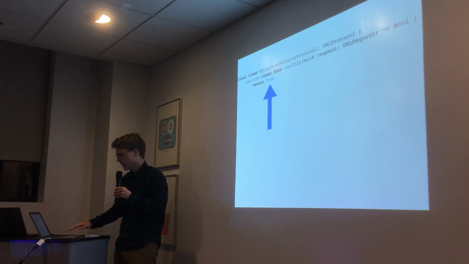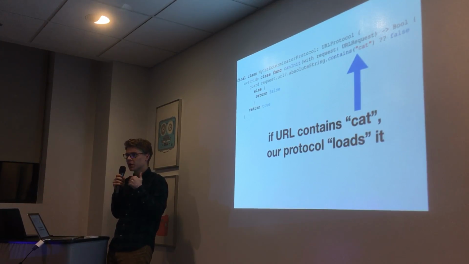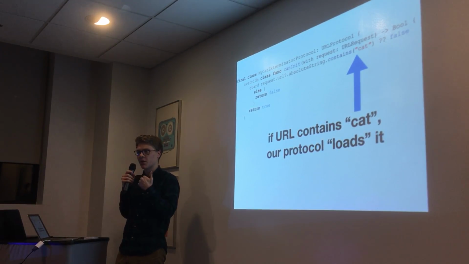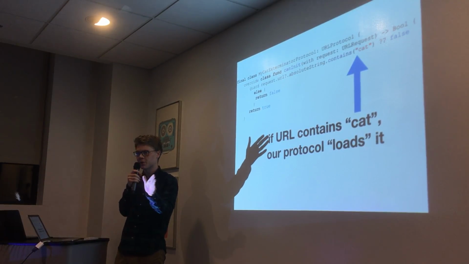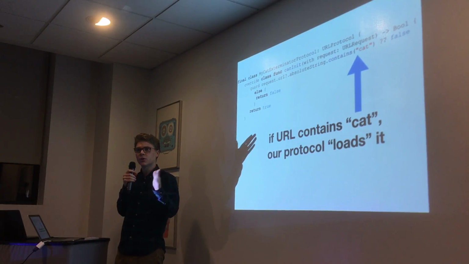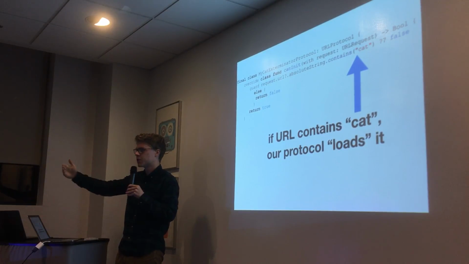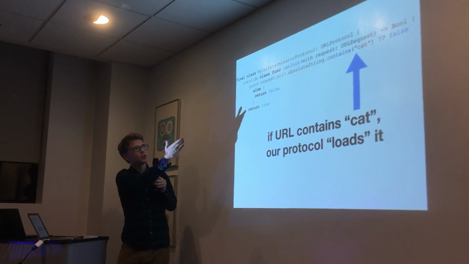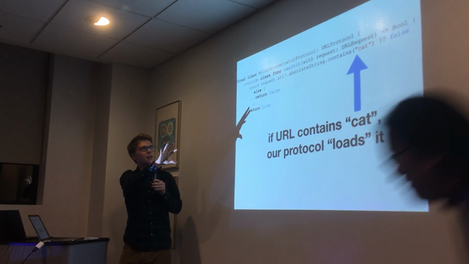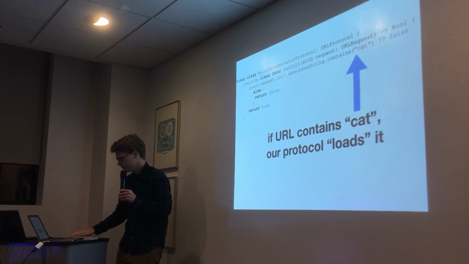We're going to kill the cat, so this is a cat exterminator protocol. We only want to concern ourselves with requests that have to do with a cat. If it's not a cat, we're not going to use it.